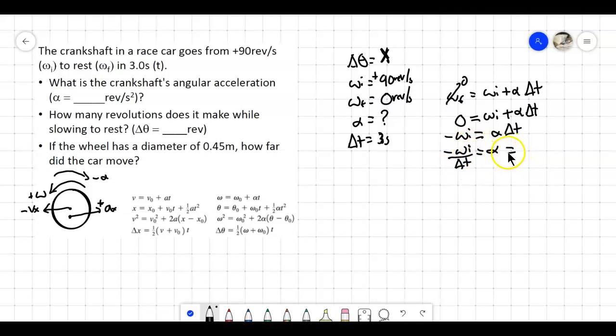So in this case, this is going to be negative 90 revolutions per second over a period of 3 seconds. So it looks like alpha is going to be, what is that? Negative 30 revolutions per second squared.